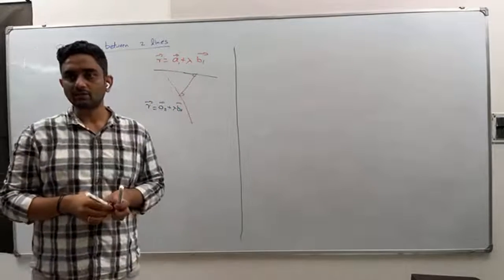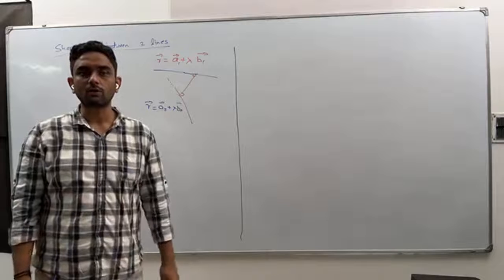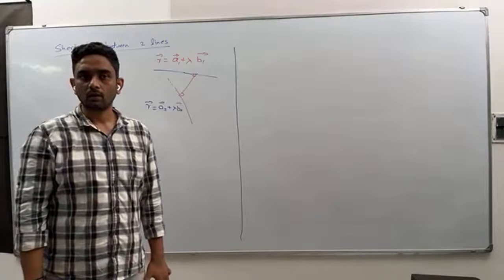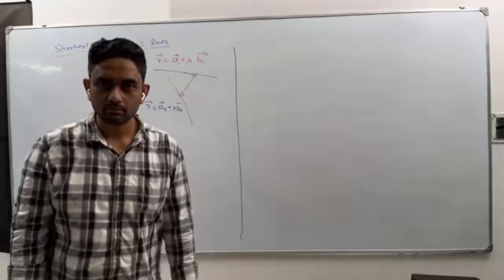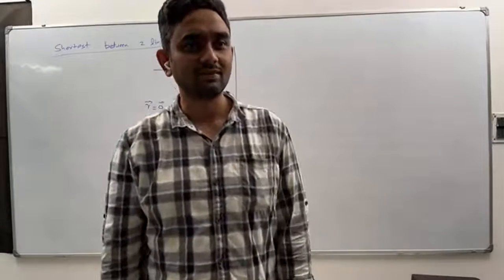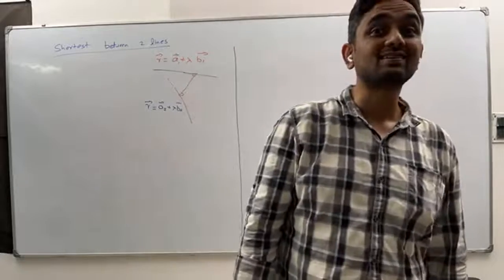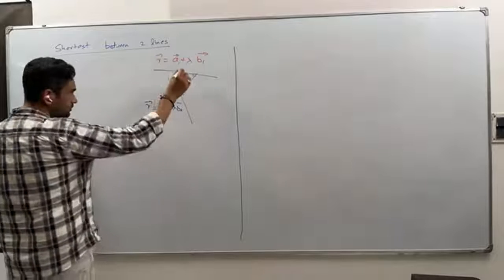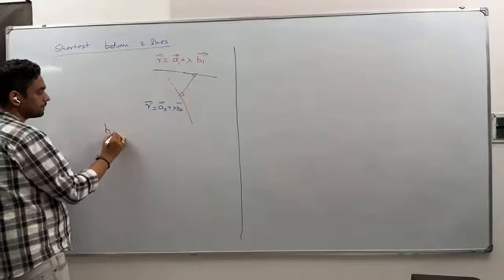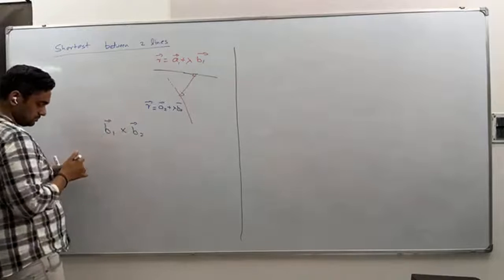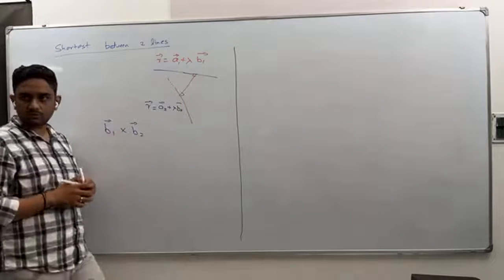For these two lines, what will be the direction of the common normal vector? Dot is a scalar, not a vector. Take the cross product of their directions. So the cross product of directions will be b1 cross b2.